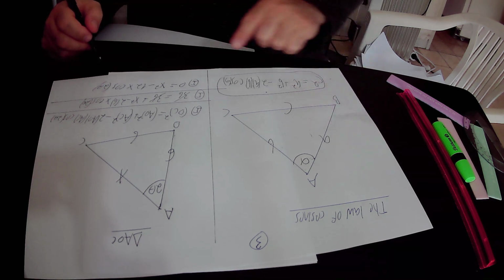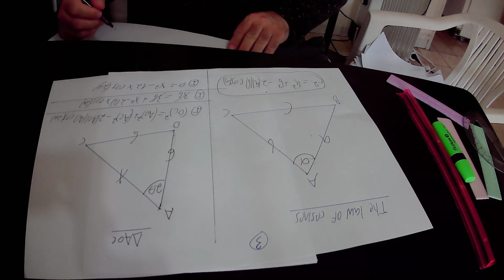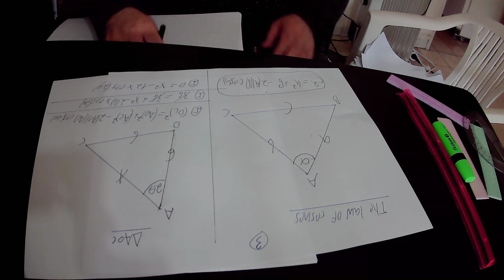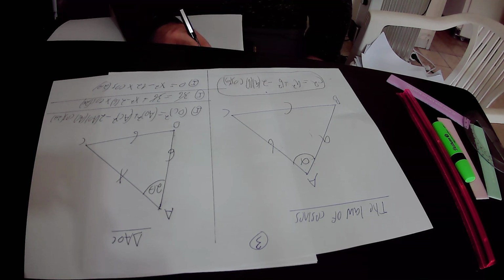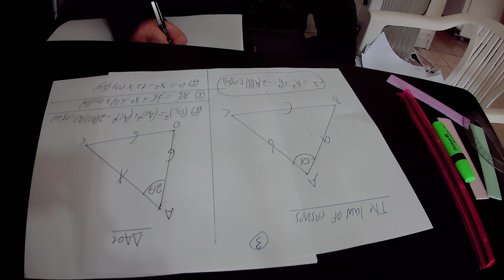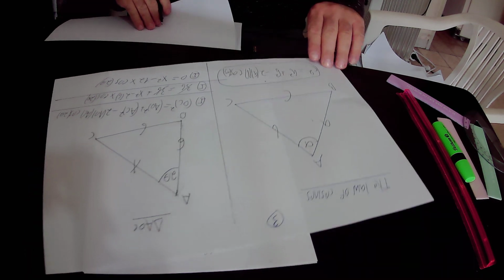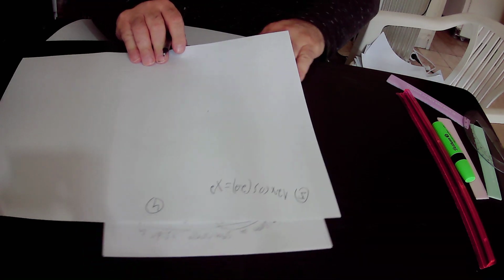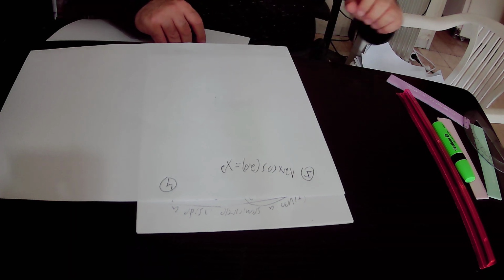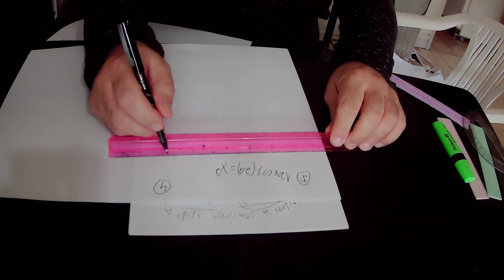Here we will add to this equation 12x cosine 2 theta, and we get that according to equation number 1, 12x cosine 2 theta equals x squared.